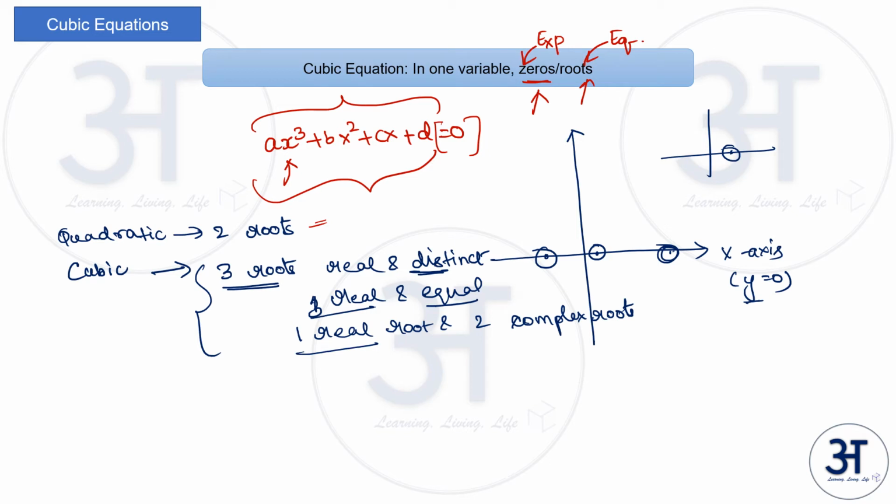If there is 1 real root and 2 complex roots, again it intersects at only one point. So you have to keep these in mind. With these in mind, let us now compare the properties of this cubic equation with what we have learned for quadratic equation.